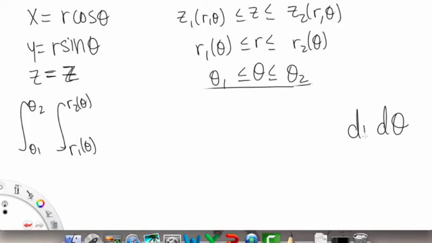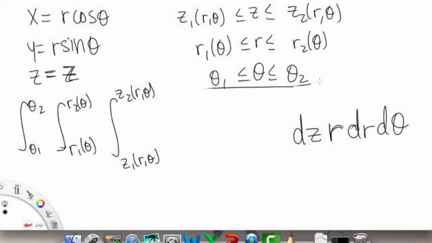And then we have our dr. And remember, we're going to be doing the same thing as polar, so we can't forget the r right here. I always think the r and the dr go together. So r dr and then d theta. And then, like I said, the last thing that we're going to do is add in the z part for cylindrical, right? So we have our z bounds, which go from z1 of r and theta to z2 of r and theta, okay? And then we have this dz, all right?